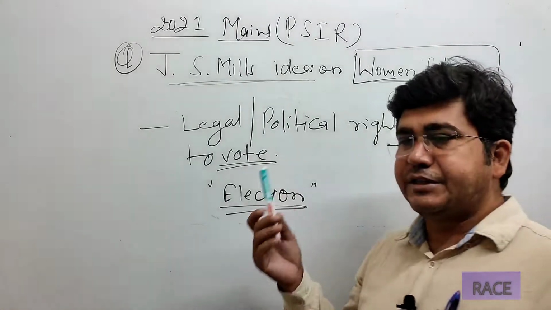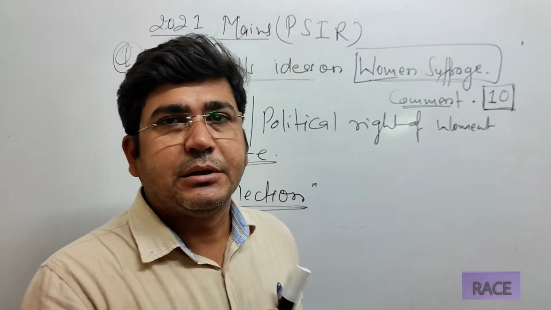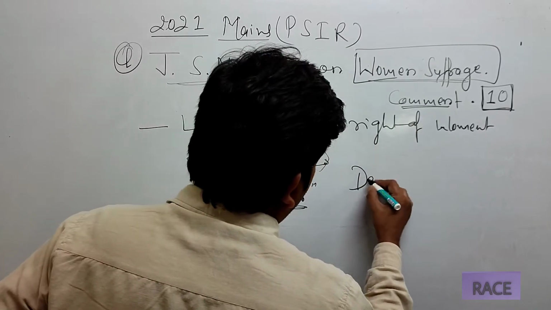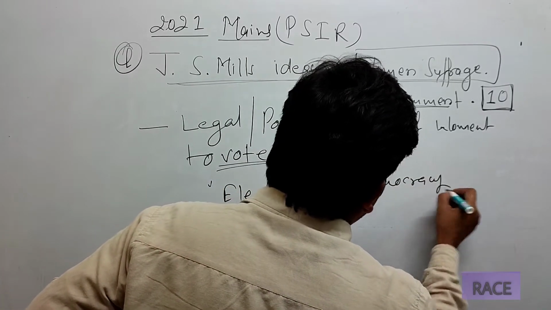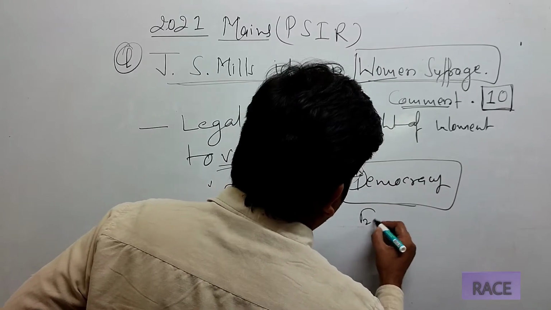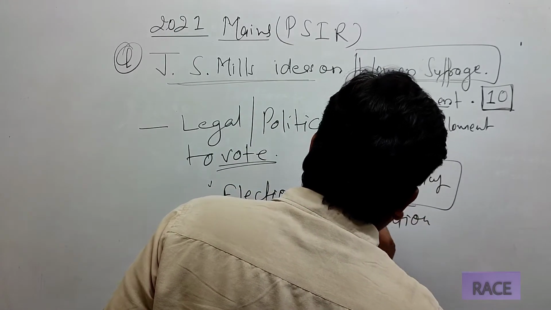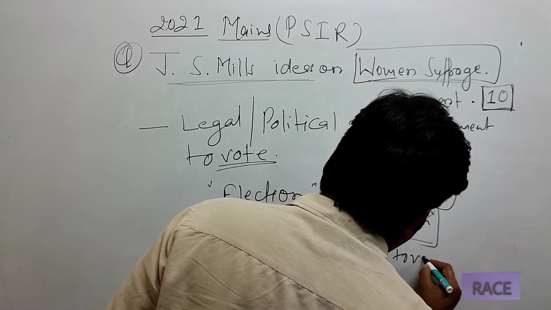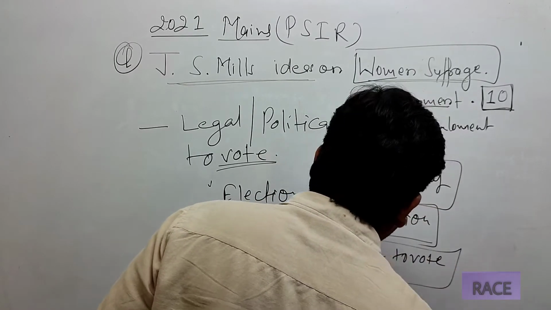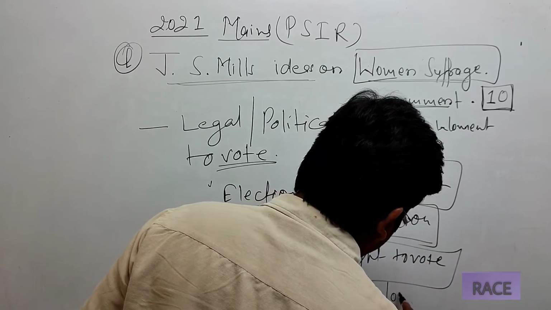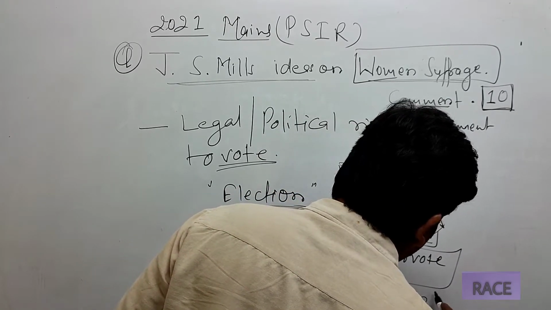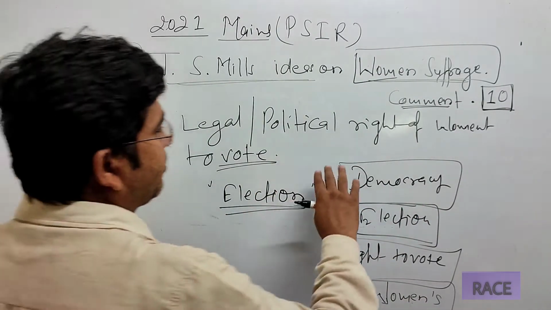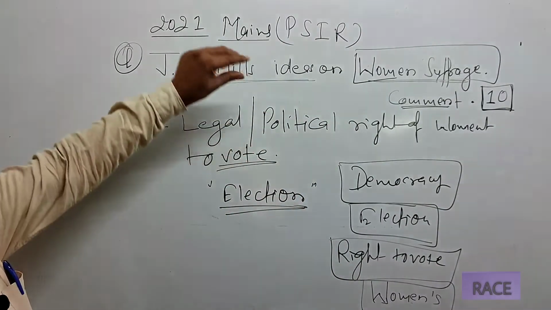So first we will try to understand what J.S. Mill had said on democracy, and then election, and then the right to vote. And this question is about women's right to vote. So this is the proper setting of the question in which we need to see J.S. Mill's ideas.